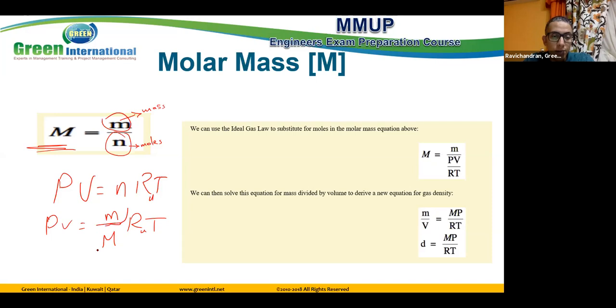When we divide the universal R by the molar mass of this gas, we obtain the R specific, R specific for each gas. So where does the R specific come from? From R universal divided by the molar mass of this gas.